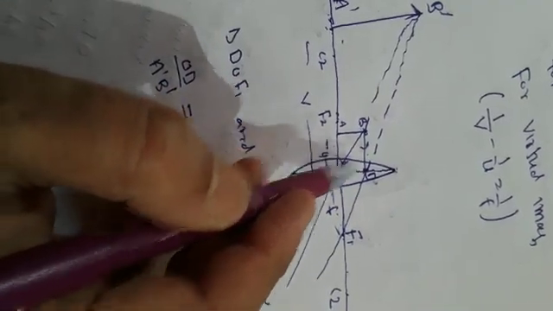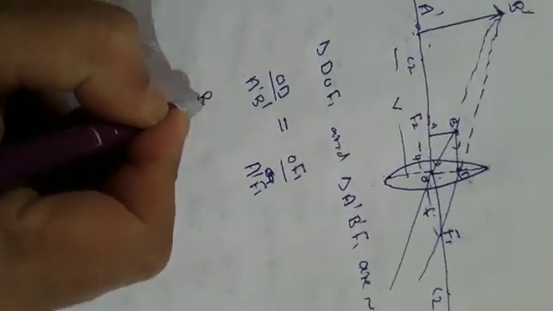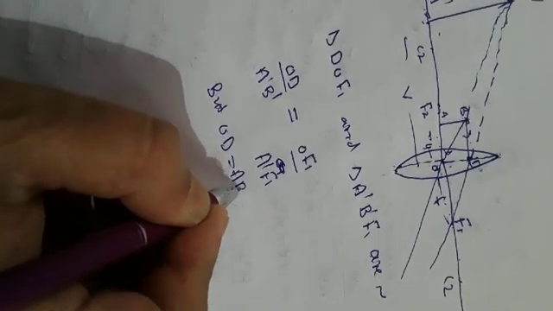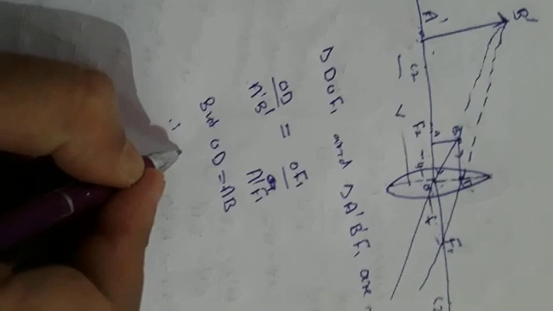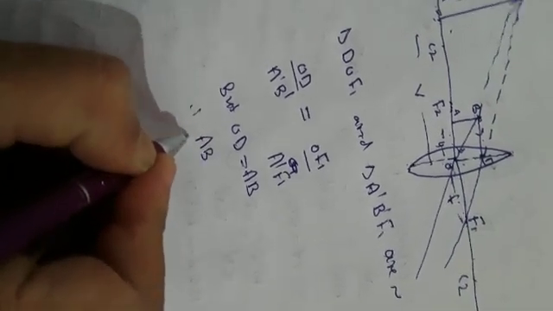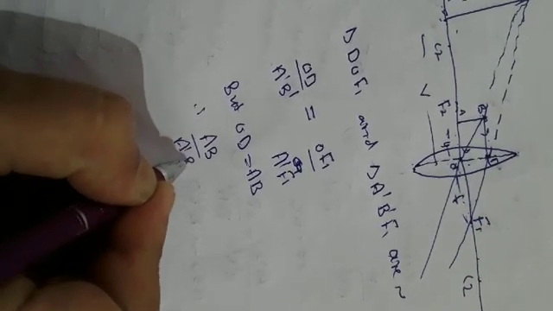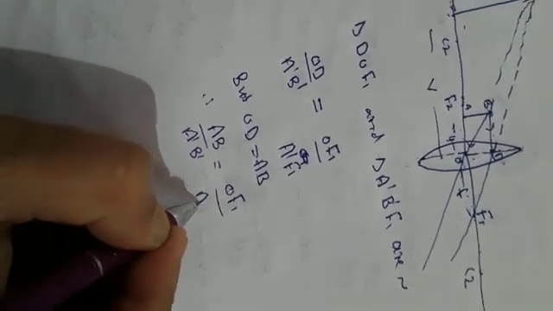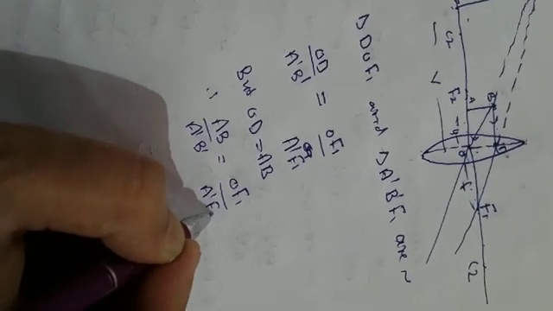But here if we see the figure, OD is equal to AB. Therefore, instead of OD I can write AB divided by A dash B dash is equal to OF1 divided by A dash F1. I hope you have got it. This is equation first.